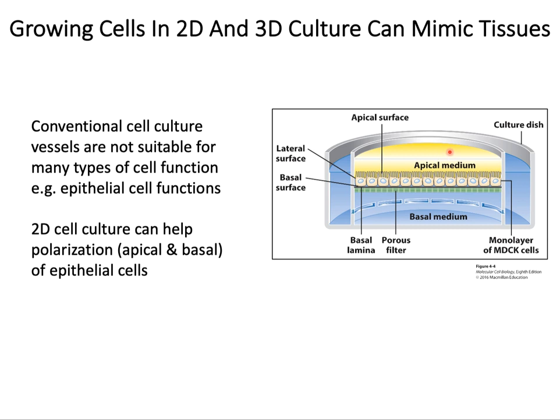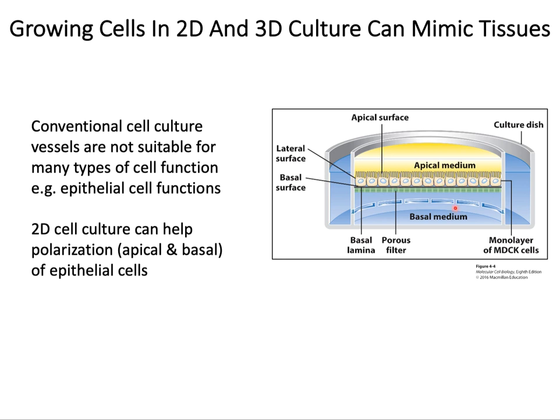This yellow apical media mimics the hollow of the lumen of the kidney tubules, as MDCK cells are kidney cells. The lateral surfaces of the cells are attached to the cells next to them by cell adhesion molecules or CAMs, and this attachment requires calcium in the media, which is provided. The basal surface is resting on a porous filter which acts as a basal lamina for the attachment of the basal surface of the cell.